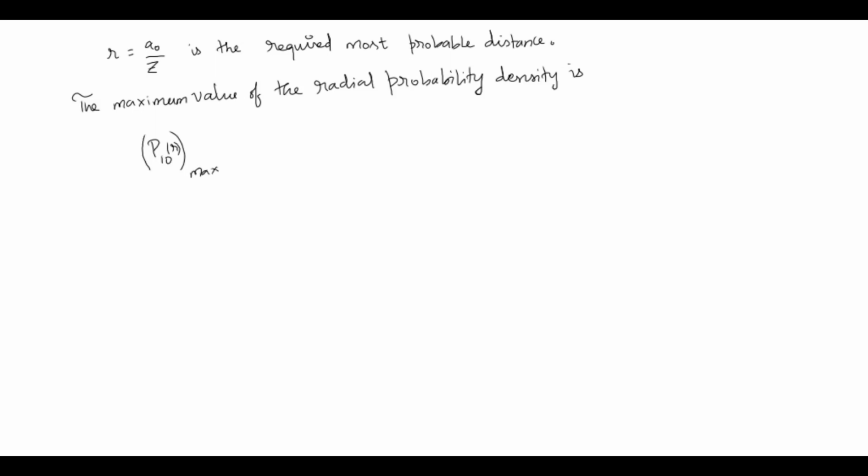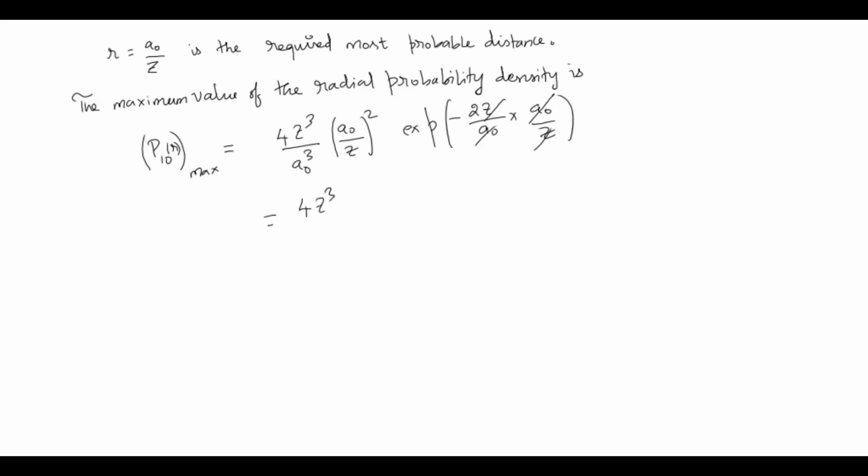So 4Z cube by a_0 cube r squared, where r is a_0 by Z the whole squared, and exponential of minus 2Z by a_0, substituting a_0 by Z for r. These cancel, and this becomes 4Z cube a_0 squared divided by a_0 cube Z squared, times e to the power minus 2.